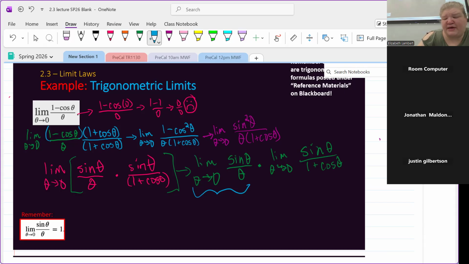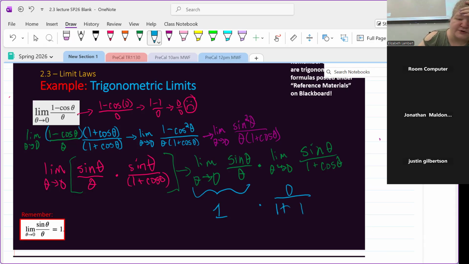Now this first limit is proven in the book that it's 1. This other one, I'm going to substitute in 0 and it's going to work out. So the limit as theta approaches 0 of sine theta, sine of 0 is 0, and then cosine of 0 is 1.